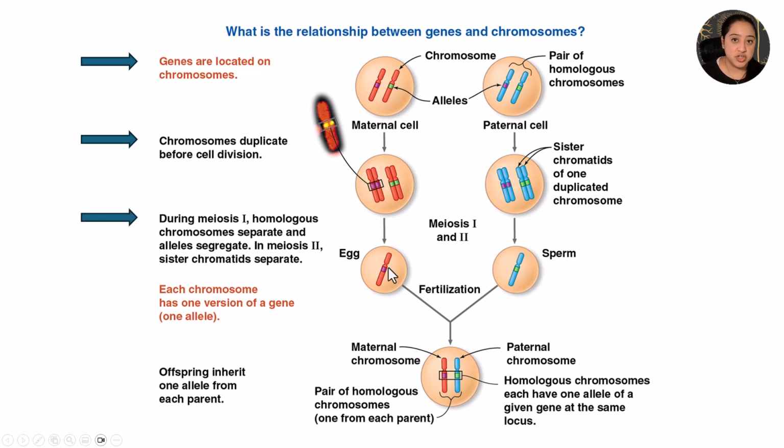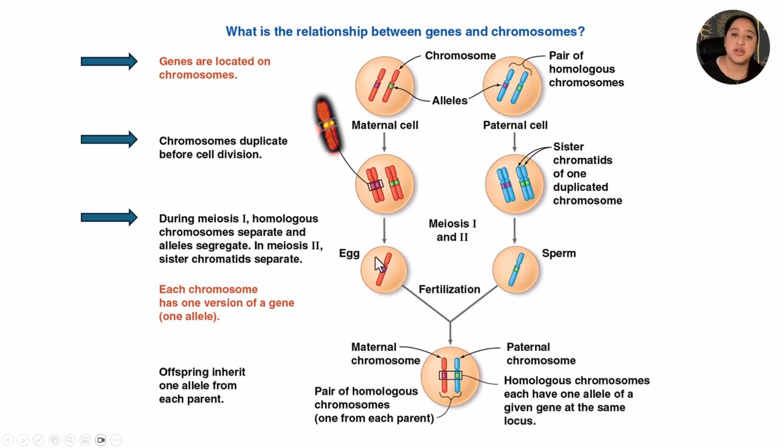During meiosis 1, those homologous chromosomes get separated from each other, and so those alleles get separated from each other. And in meiosis 2, the sister chromatids get separated. So at the end, you have 4 different gametes that have either this allele or maybe a combination of this and other alleles in each gamete.